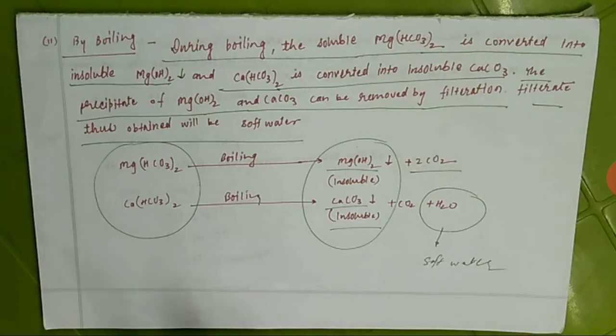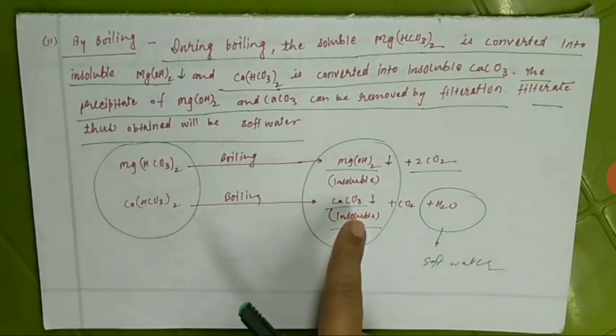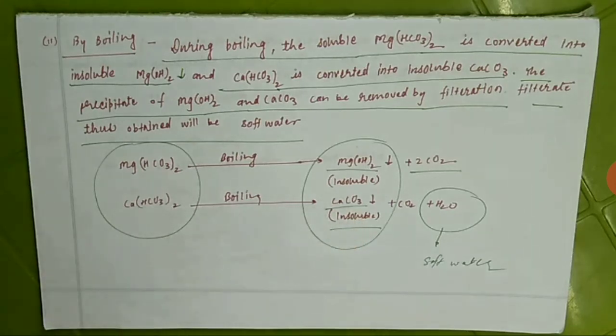And the second method is boiling. When you are boiling the bicarbonates of magnesium and calcium, it will give magnesium hydroxide precipitate and calcium carbonate precipitate, which are insoluble and can be filtered, and whatever filtrate we get after filtering will be the soft water.